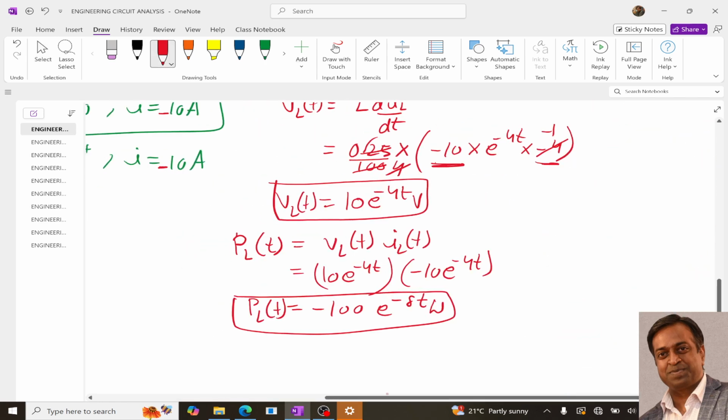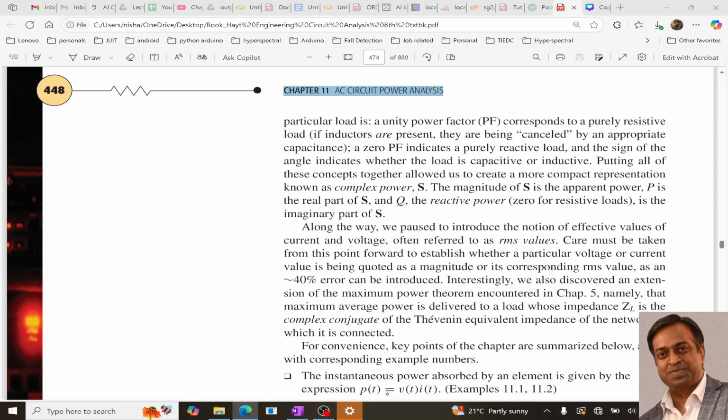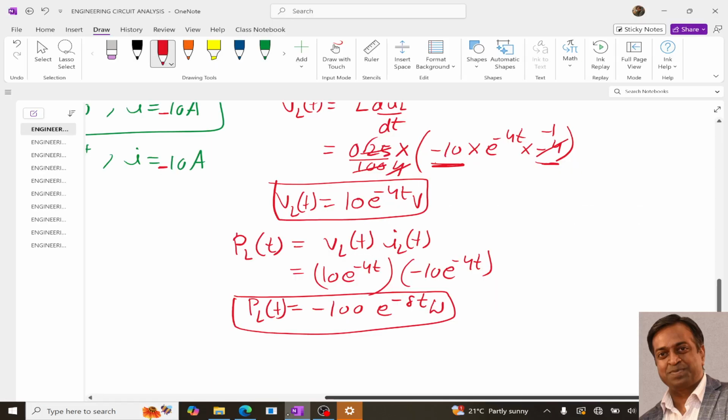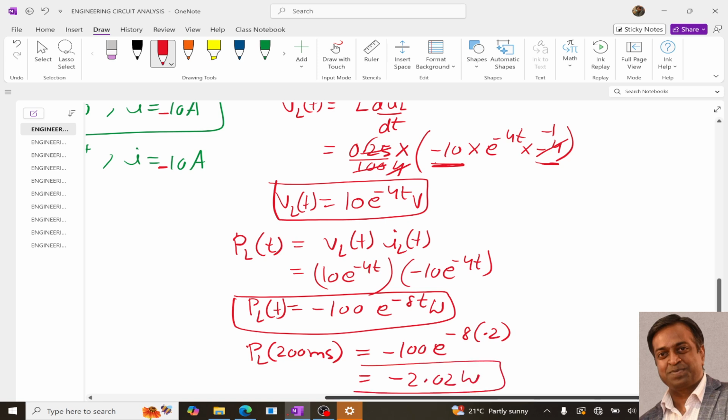So over here, pL first at 200 milliseconds. I will substitute the value e power minus 8 and 200 milliseconds is 0.2. Substituting this value, I will get the answer as minus 2.02 watt. So this is our first answer.